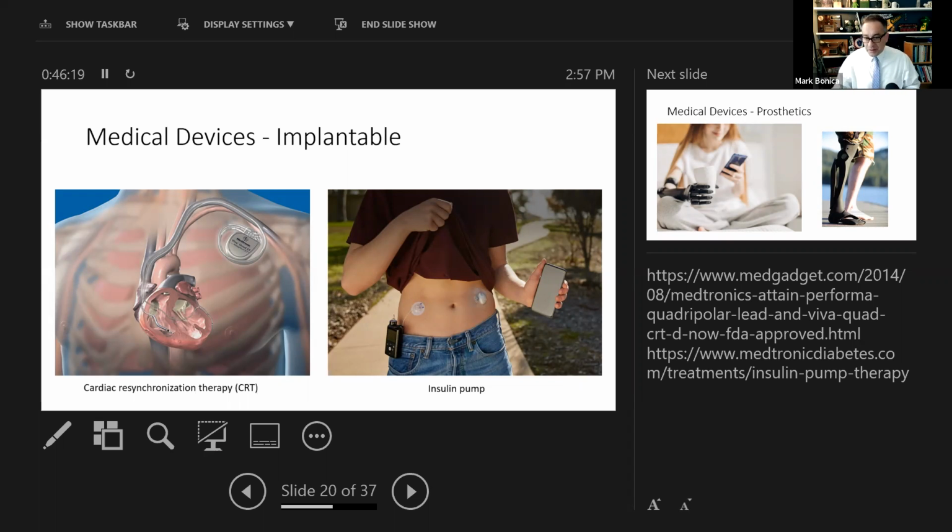Now with insulin pumps, you can just wear this, and it automatically provides continuous monitoring and dosage, right? So it's an improved quality of life, and these are implants.